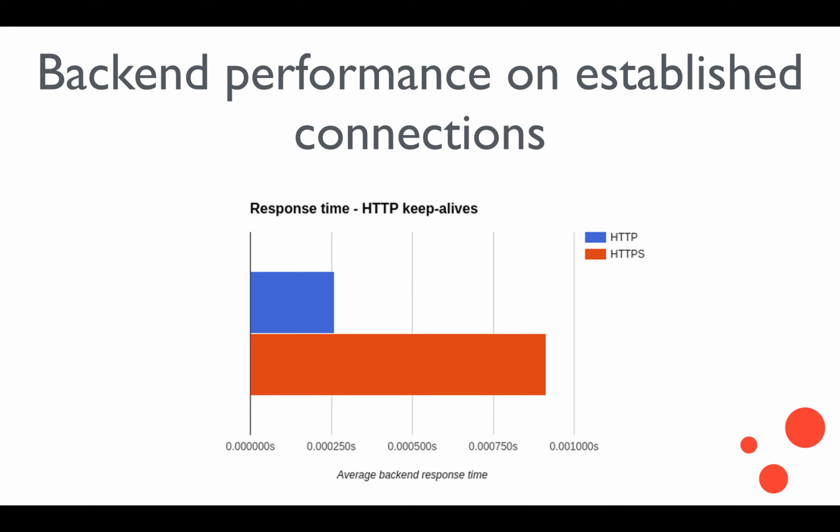So going over to what it looks like when we are reusing the existing connections, here the picture becomes quite a lot better. You can see here that there's still some penalty happening, but the numbers are an order of magnitude less for both of them.